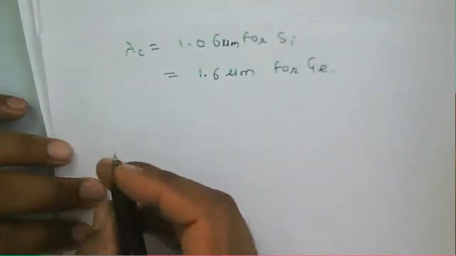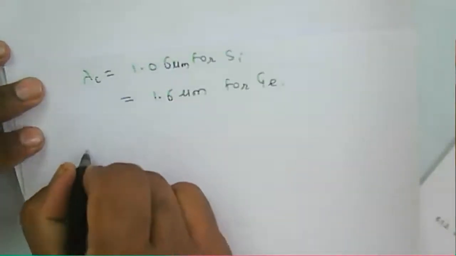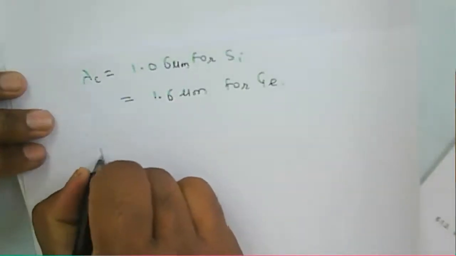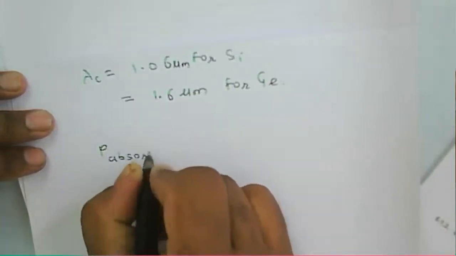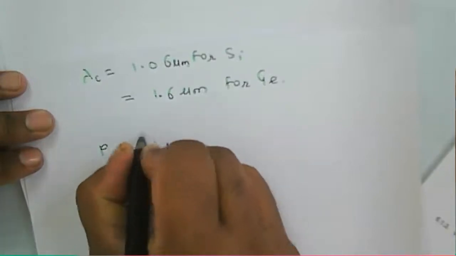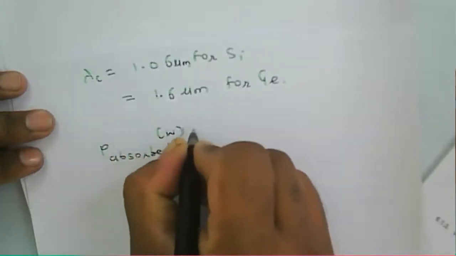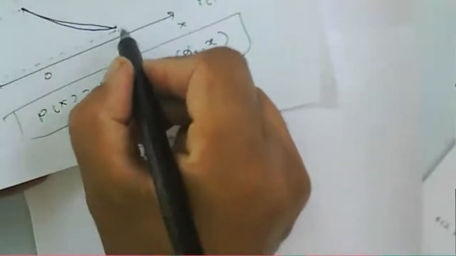So now we can calculate the total power absorbed inside this intrinsic layer with respect to W, because the power absorbed is depending upon the length. We say it is an exponential variation.